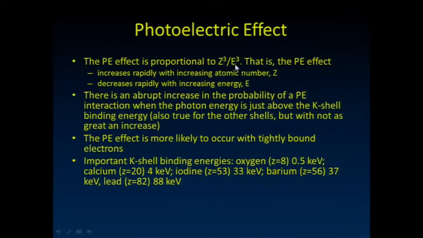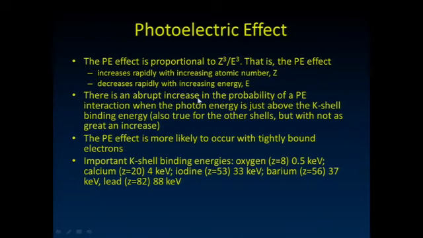As we go from 10 keV to 100 keV, 10 times 10 times 10 is 1,000, 100 times 100 is 10,000, times another 100 is 10 million, right? The denominator gets large very quickly. The probability of this interaction drops precipitously.